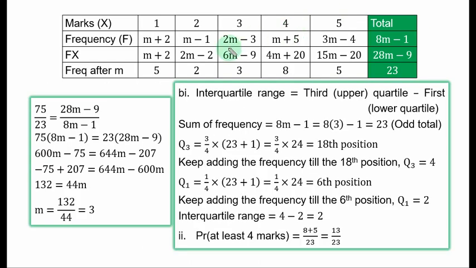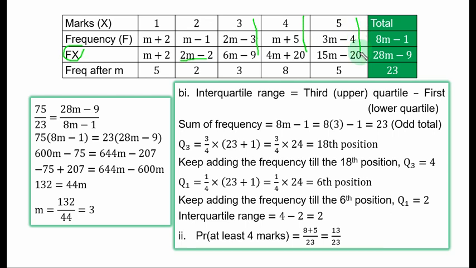So this is the table, and the row for fs has been added. So you multiply 1 by m plus 2, you have m plus 2. You multiply 2 by m minus 1, that is m times 2, you have 2m. Then minus 1 times 2, you have minus 2. You multiply these two together and you get this. You multiply these two, you get this. You multiply these two and you get this.